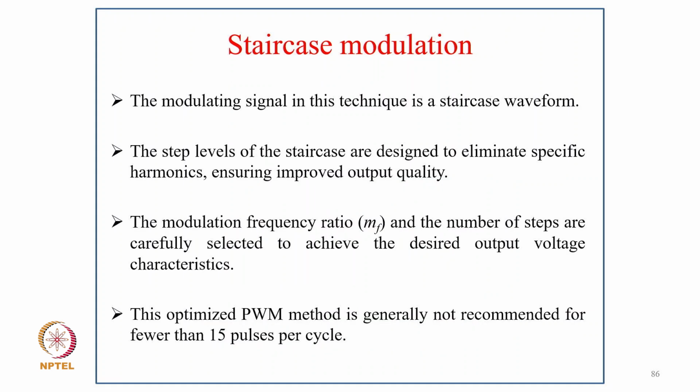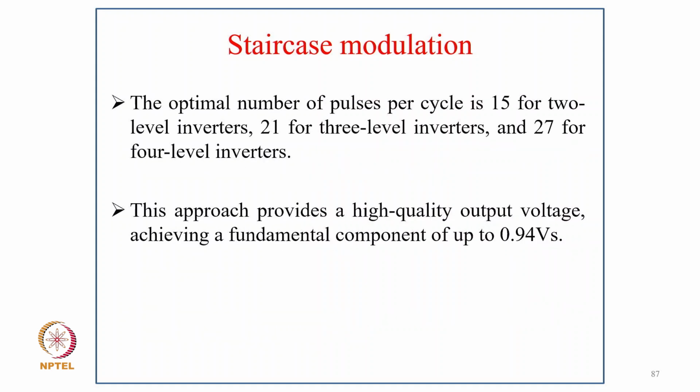and you get output voltage of bipolar nature. So now coming to staircase modulation, the modulating signal in this technique is a staircase waveform, and the step levels of the staircase are designed to eliminate a specific harmonic, ensuring improved output quality. And the modulation frequency ratio and the number of steps are carefully selected to achieve the desired output voltage characteristic, and this optimized method is generally not recommended for P less than 15 pulses per cycle.